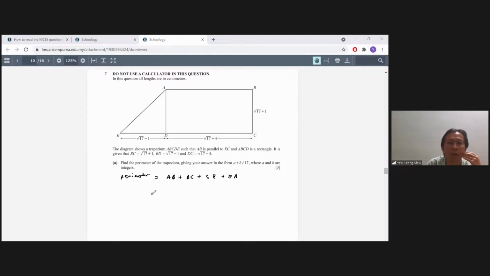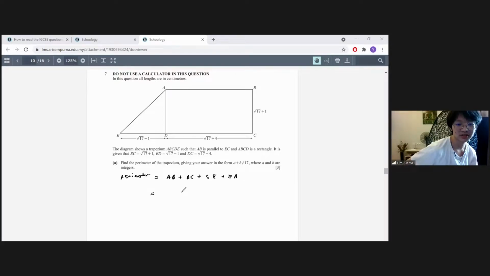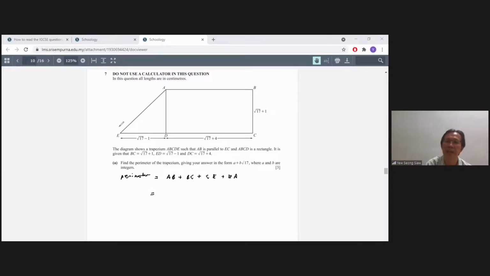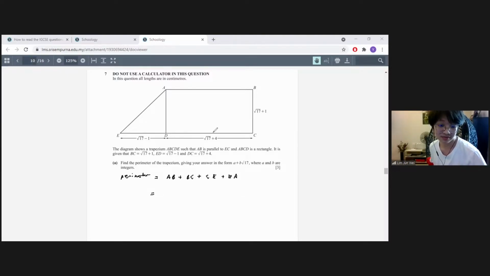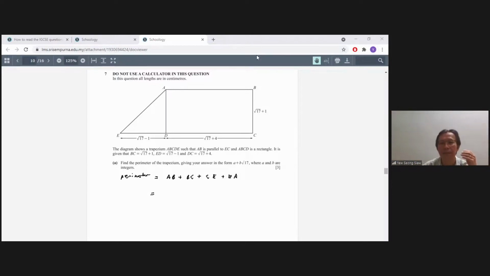All the values you can take from there except 1, isn't it? The 1 you need to calculate. So how do you want to do? Half base times height. Okay, you want to count EA, so I write EA here.